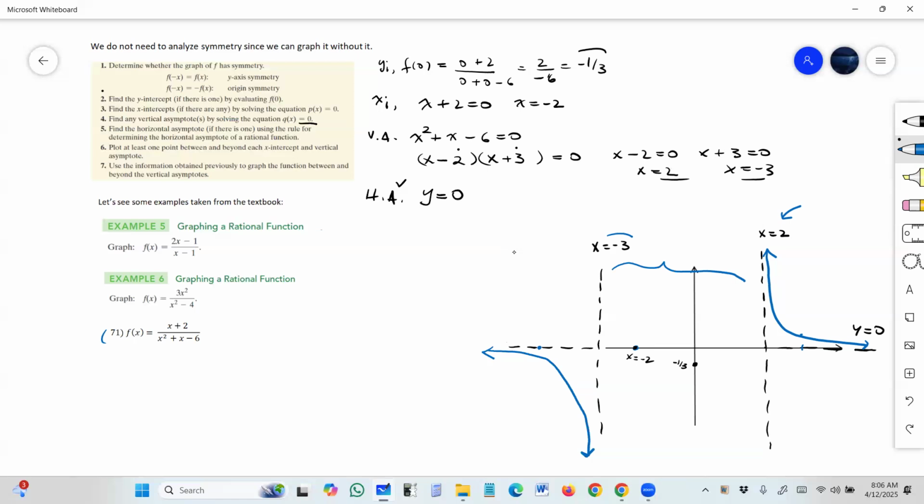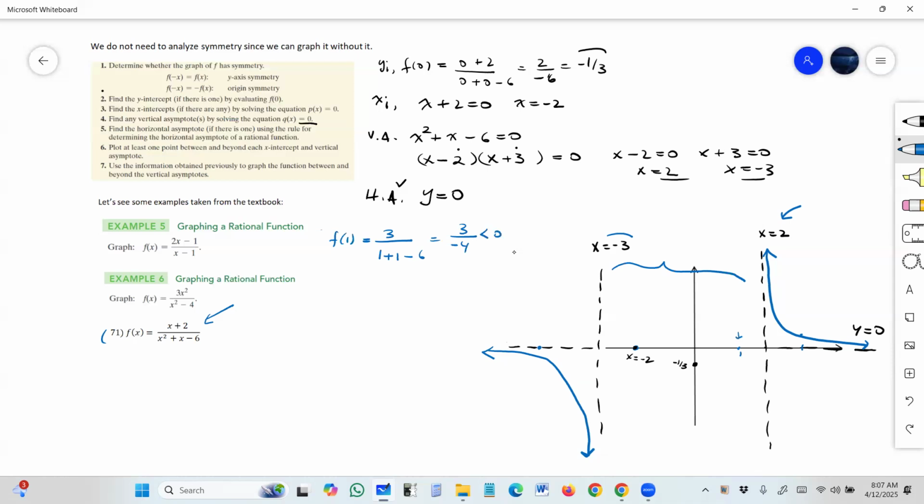So if you want, you can pick a point right here somewhere. Right, so maybe 1. So let's find f of 1. So 1 plus 2, 3. 1 squared, obviously I'm evaluating this function. 1 squared is 1 plus 1 minus 6. 2 minus 6, minus 4.